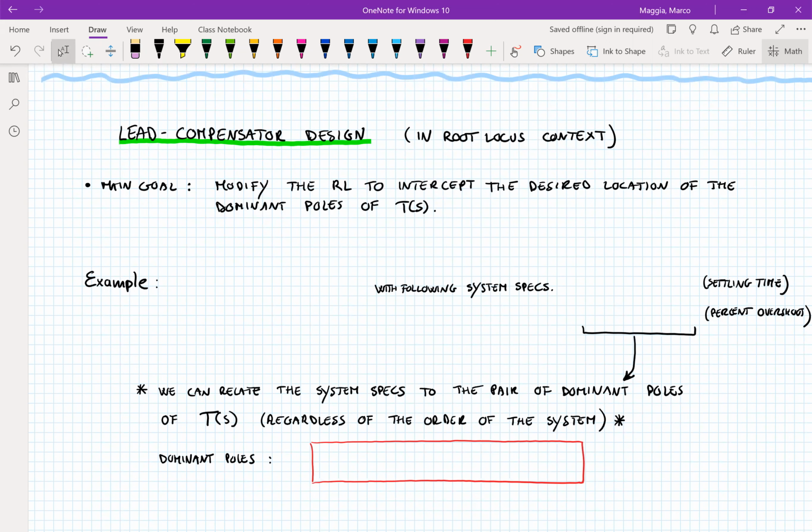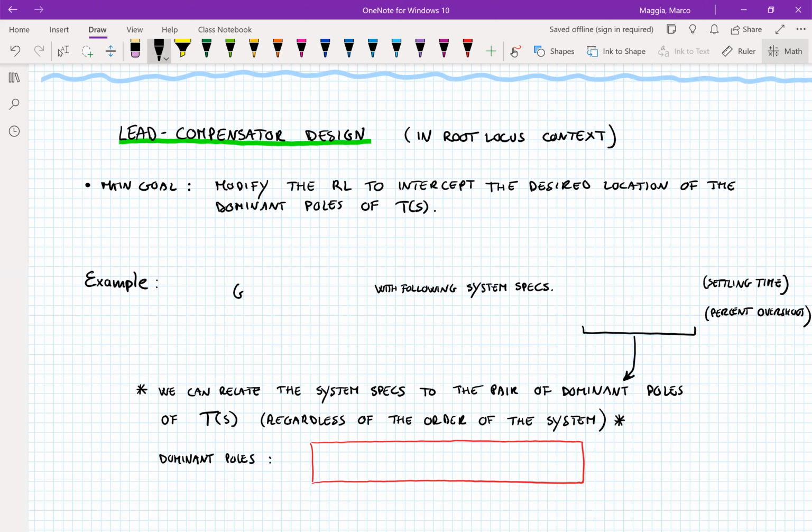So I'm going to show you a design for a lead compensator using an example, and then at the end of the example, we will summarize the design points. So the goal that we have is to modify the root locus so that the modified root locus will intercept the desired location of the dominant poles of the closed loop transfer function. Let's start with the uncompensated plant transfer function.